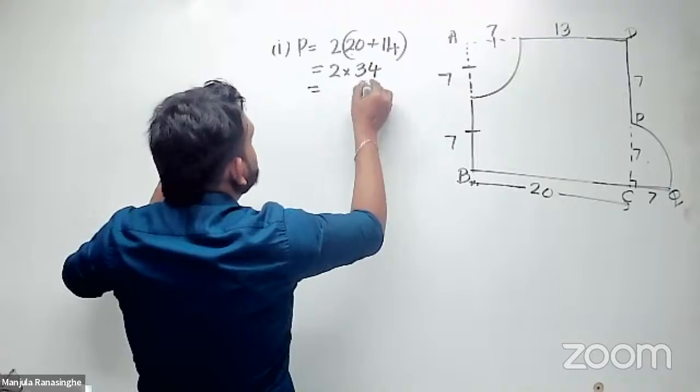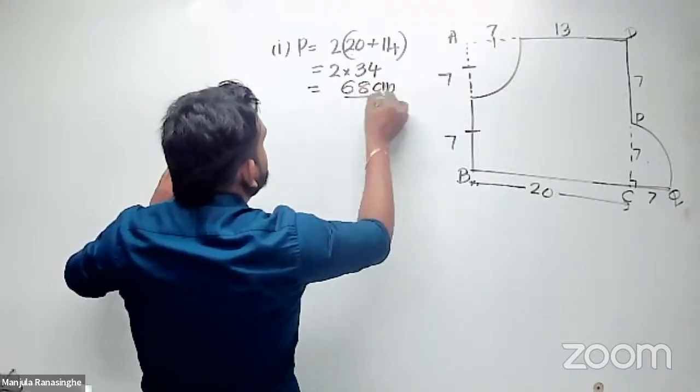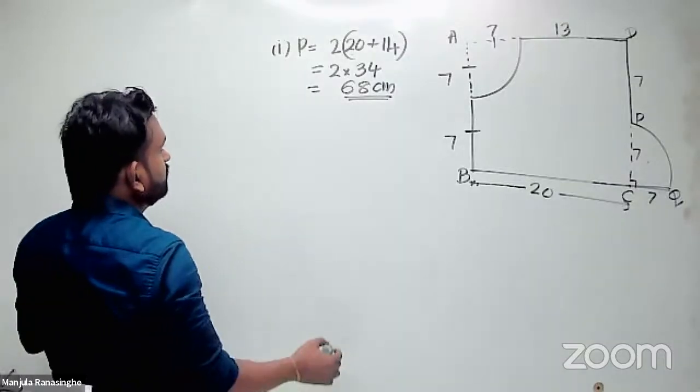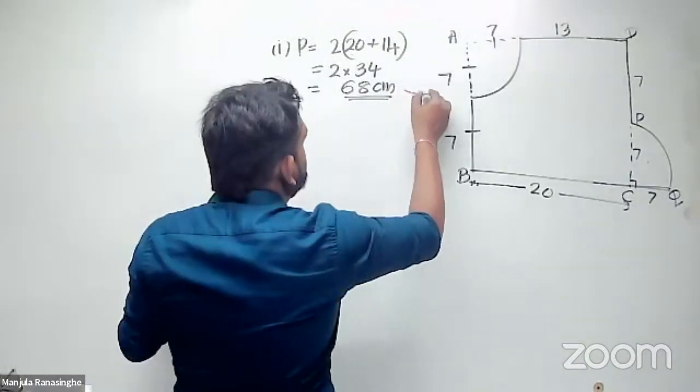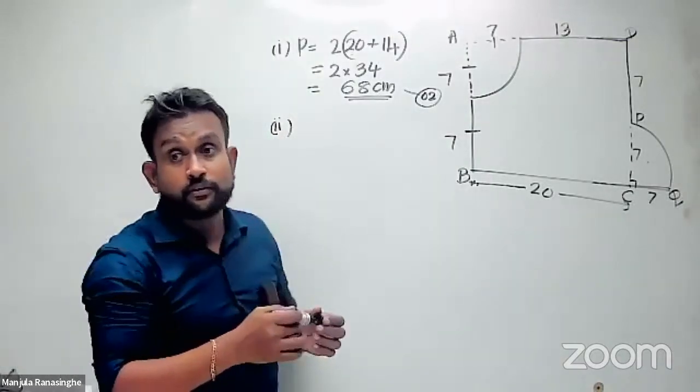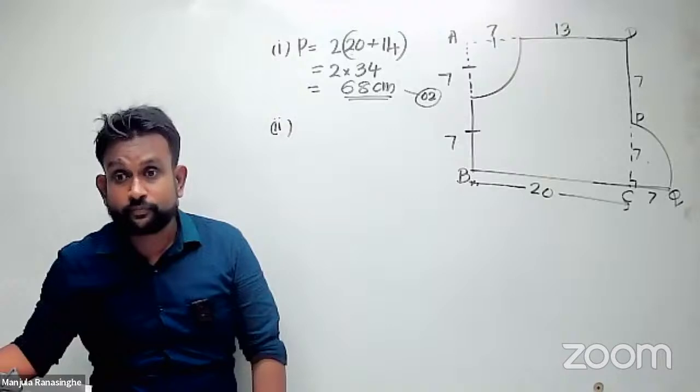Then 2 into 4, 8. 2 into 3, 6. 68 centimeter. Right. So you have 2 marks there.